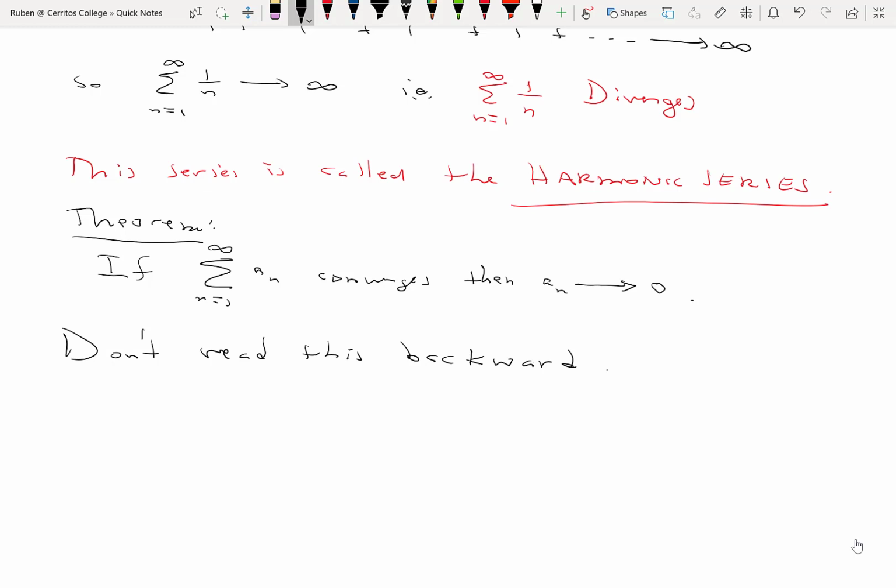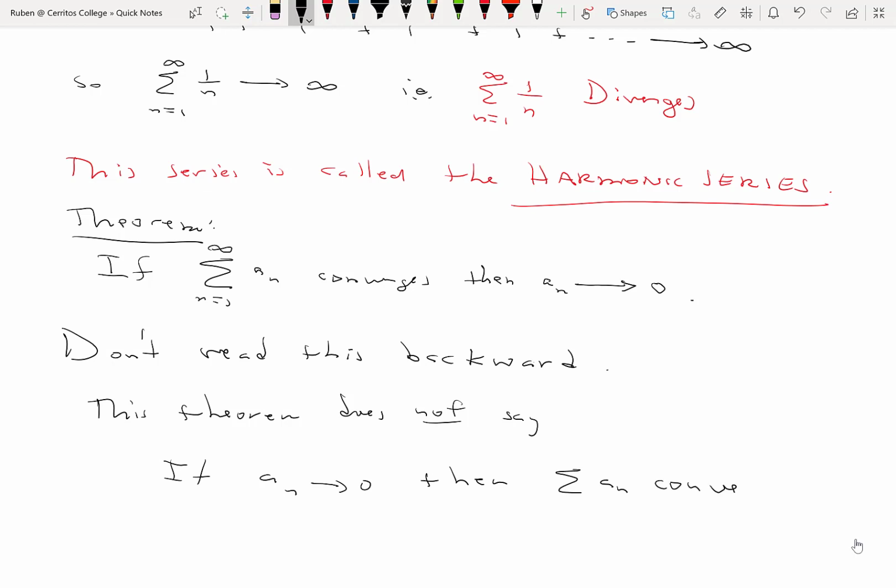This theorem does not say, if a sub n approaches 0, then the series converges. It's not saying this.